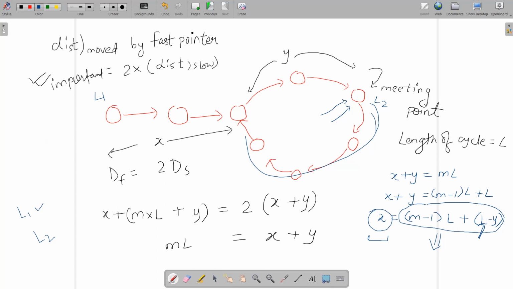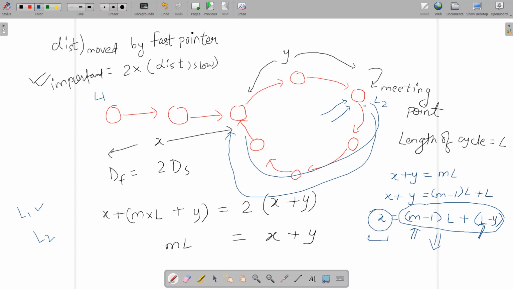So it will eventually come and meet at the start of this linked list cycle. L1 will cover x distance, and if we move L1 with the same speed as L2, then L2 will cover exactly m minus 1 iterations of this cycle plus L minus y distance.